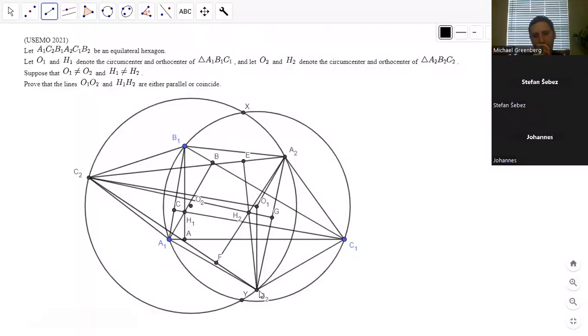So it's weird. And then these bisect these angles. Do we have isogonal lines somehow?